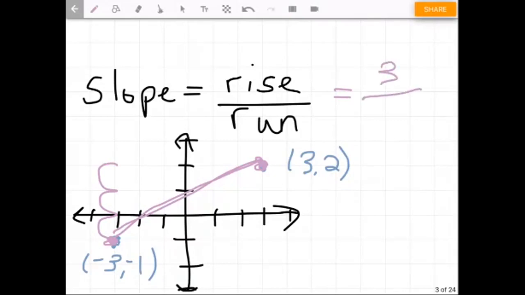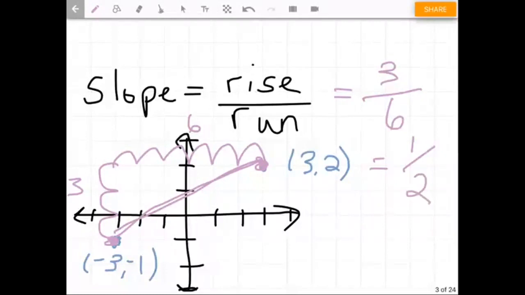Then our run is how many we have to go over. We go to the right 1, 2, 3, 4, 5, 6. So we went up 3 and to the right 6. The run is 6. So our slope is 3 over 6. And we always want to reduce, or put it in lowest terms. So 3/6 reduces to 1/2. The slope of that line is 1/2.